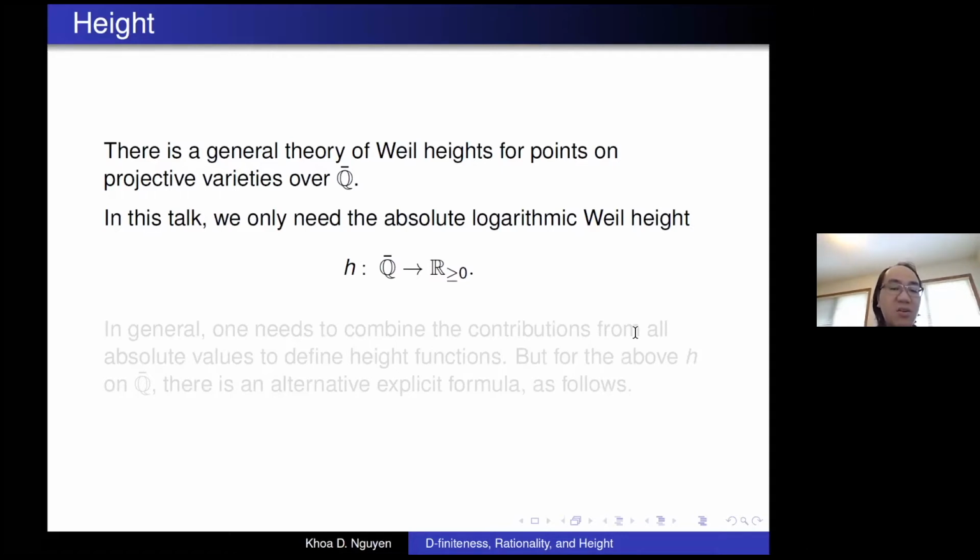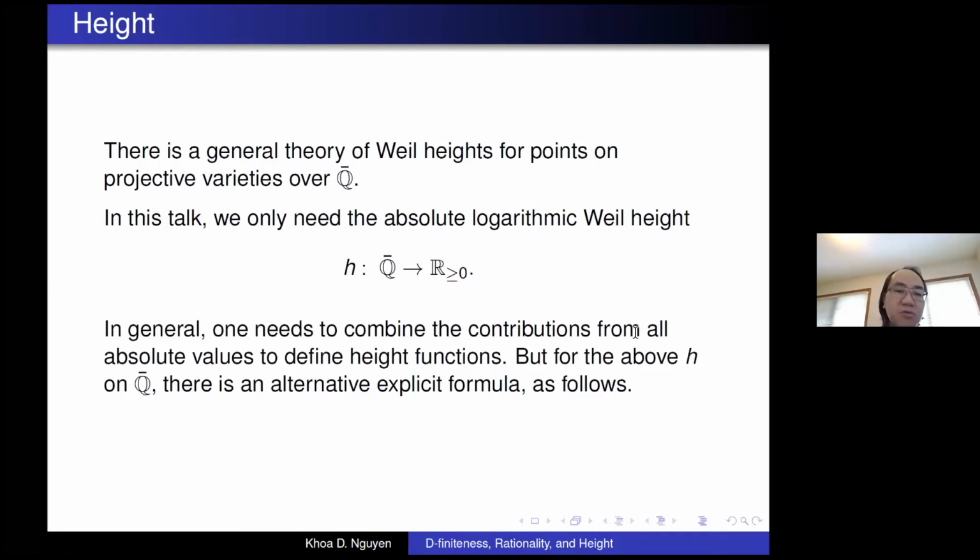In general, in order to define a height function, you need to combine all the contributions from all the absolute values, like all the Archimedean and all the p-adic absolute values. You have to combine them to define your height function. But in this case, there is an explicit formula. So let me tell you what it is.